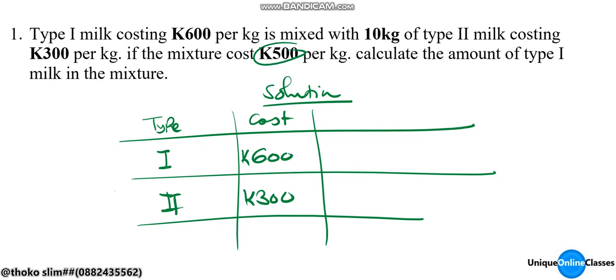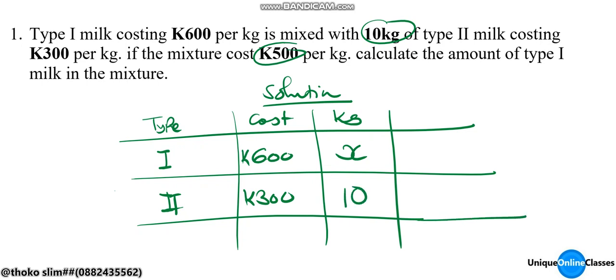And now the kgs in the mixture. Type 1 we don't know, so you can just put that as x, whereas type 2 they said it's 10 kgs, so I'm putting 10 here.